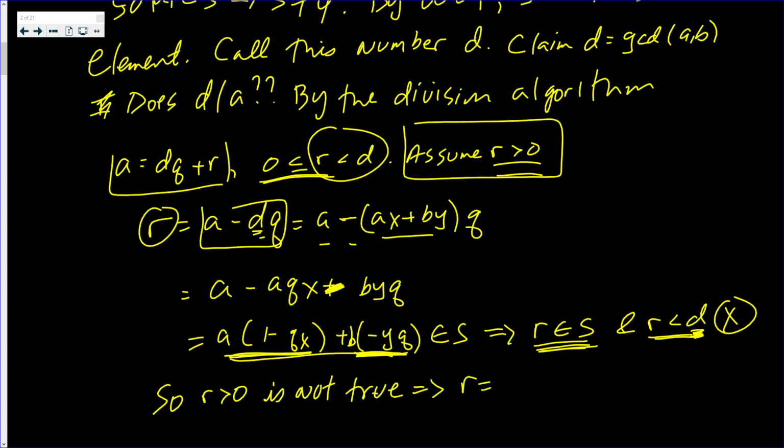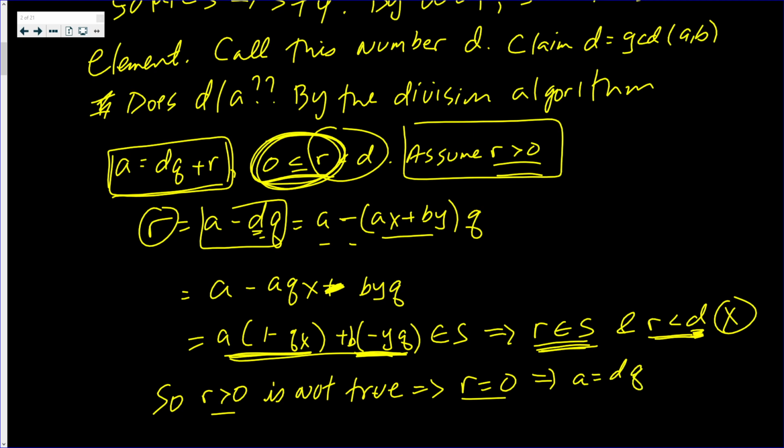That implies only one other option. Remember, R was either positive or 0. If R is not positive, then R is 0. Coming back to this equation, that implies that A is equal to DQ.